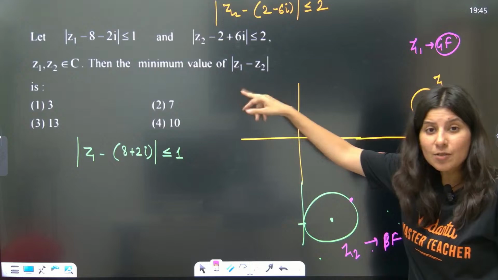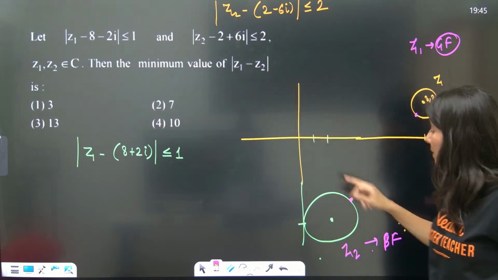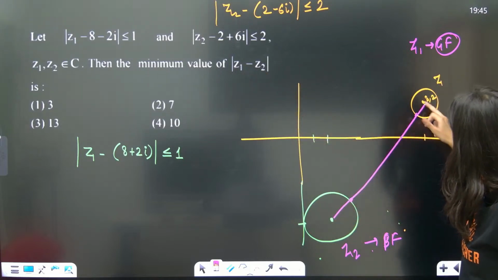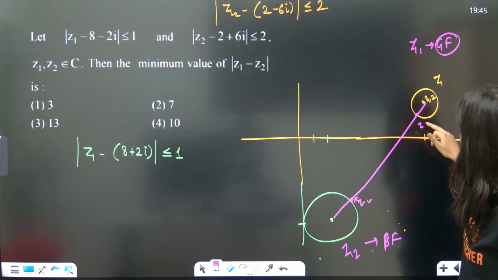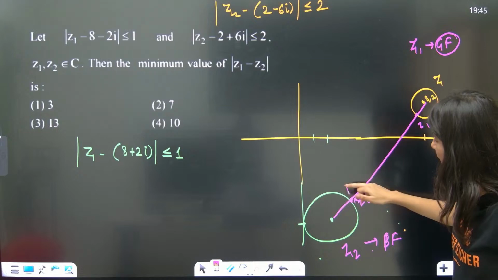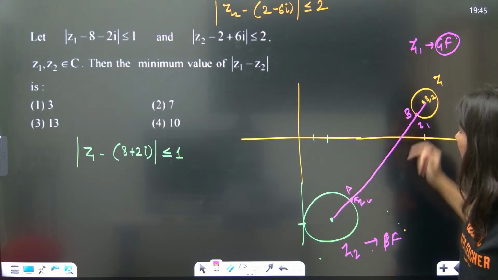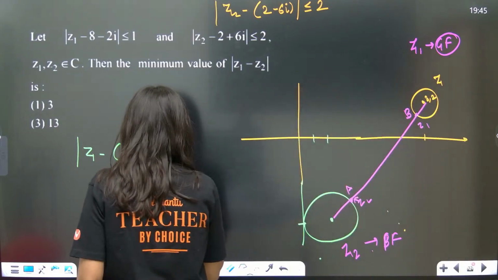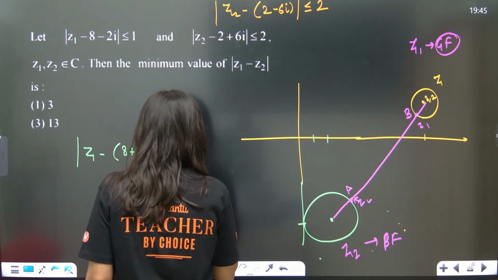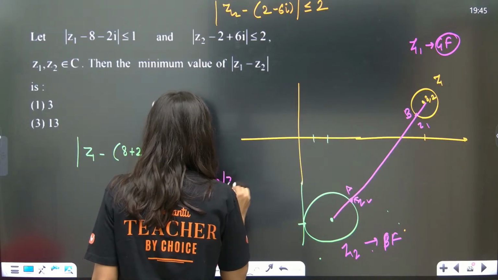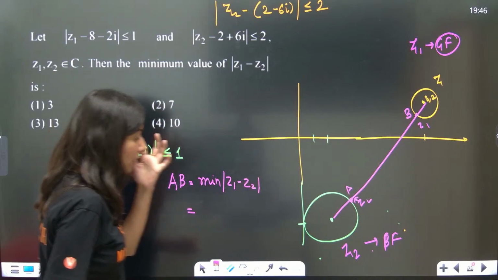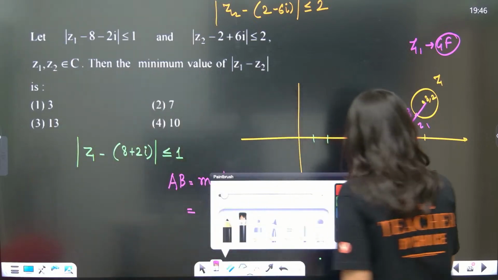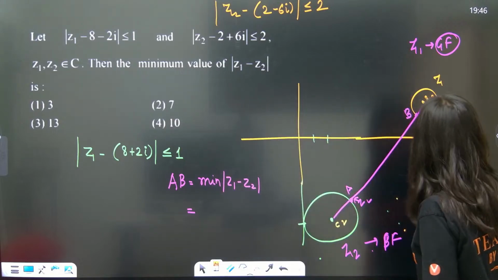So the distance between Z1 and Z2 will be minimum when Z2 is at this position and Z1 is at this position. So we are looking for distance AB. AB will be the minimum distance. So AB is equal to the minimum value of mod of Z1 minus Z2. How to calculate AB? Understand this is C2 and this is C1.